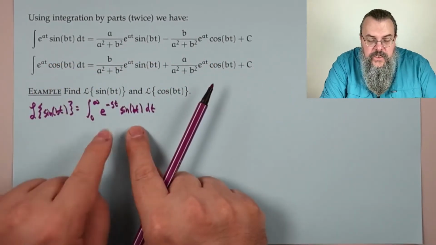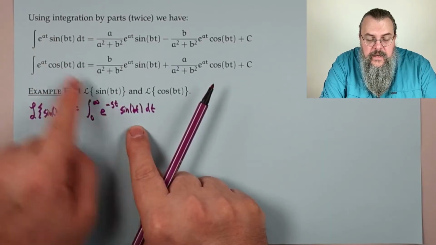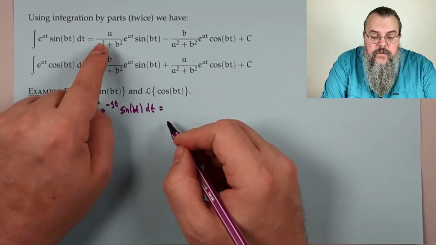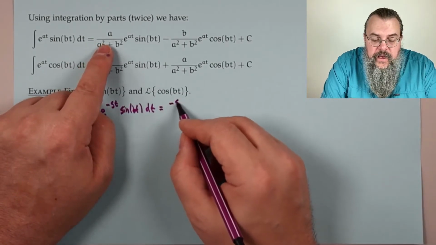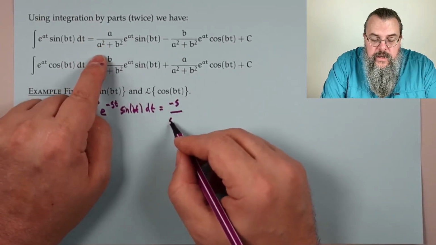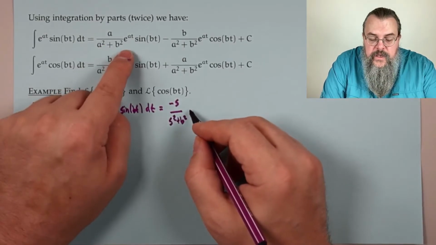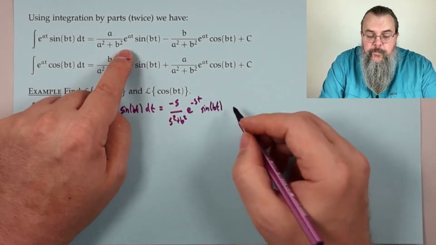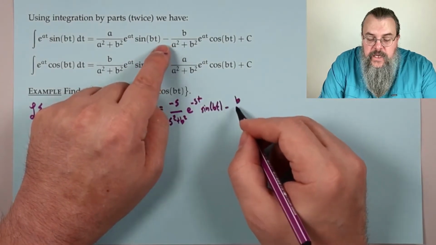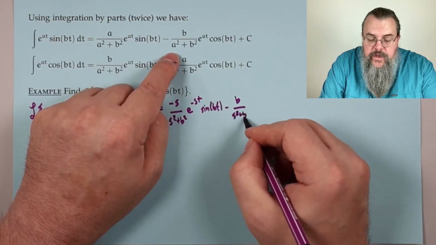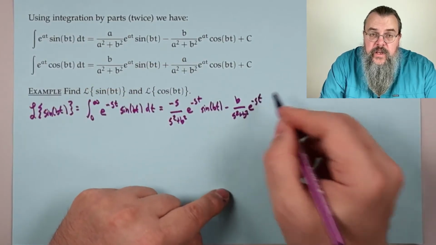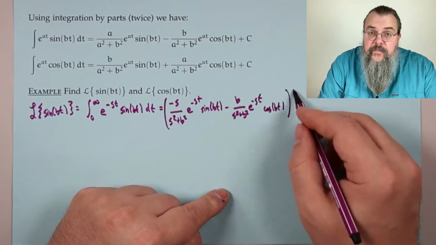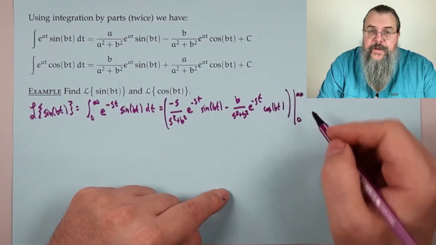The only thing we have to change is that instead of an a, we have minus s. So according to the rules, this would be minus s over s squared plus b squared e to the minus st sine bt, minus b over s squared plus b squared e to the minus st cosine bt, evaluated from 0 to infinity.